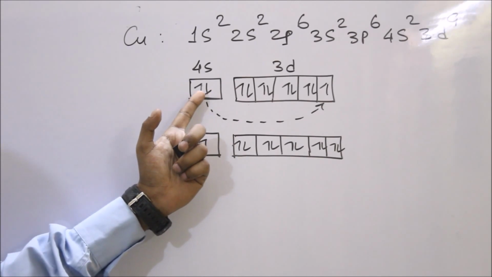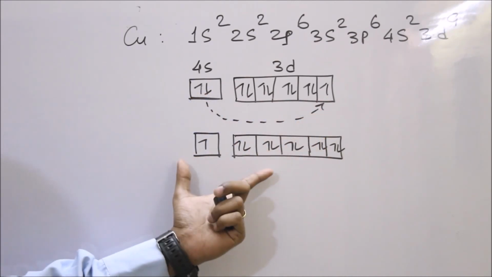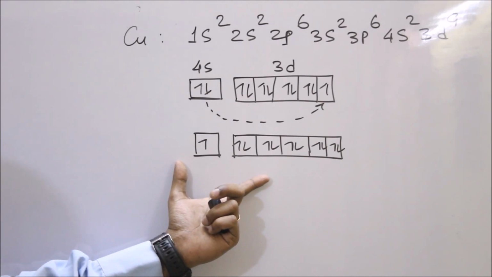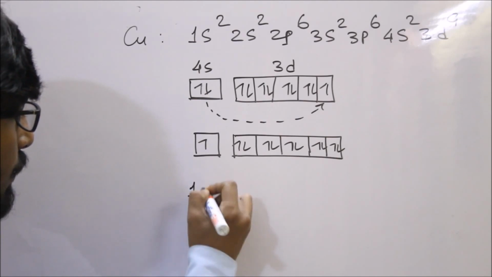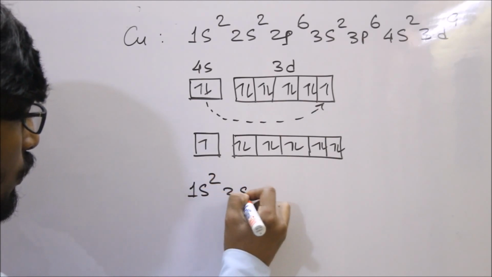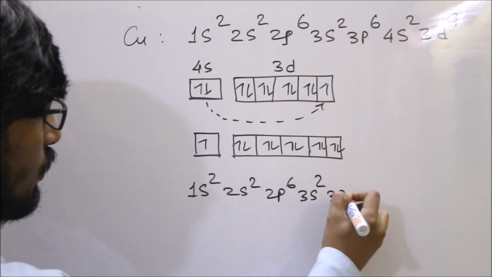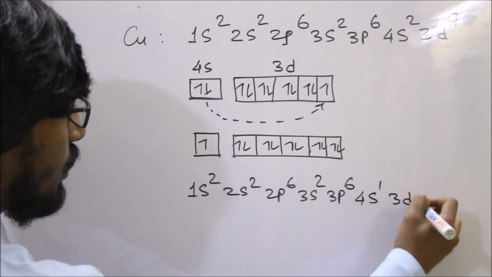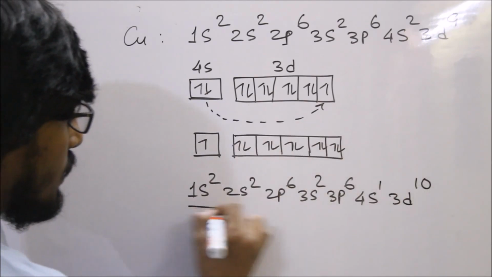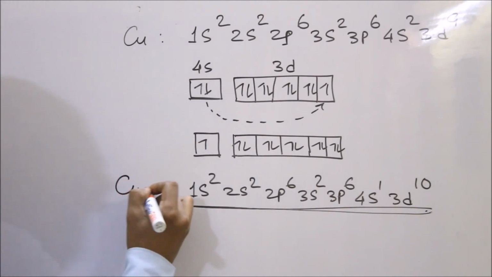This electron jumps from 4s to 3d orbital to gain stability. Now the copper atom is stable, so the electronic configuration of copper will be 1s2, 2s2, 2p6, 3s2, 3p6, 4s1 and 3d10. So this is the electronic configuration of copper.